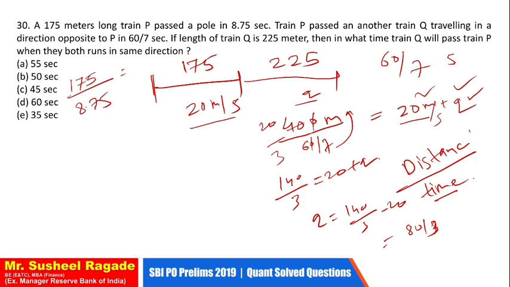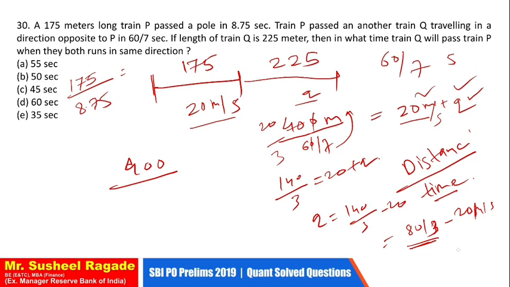Now what we have to do? Now it's very simple. The total distance is 400. Now they are traveling in the same direction, and same direction means we have to subtract their speeds. The speed of train Q is 80 by 3, and the speed of the first train is 20 meter per second.